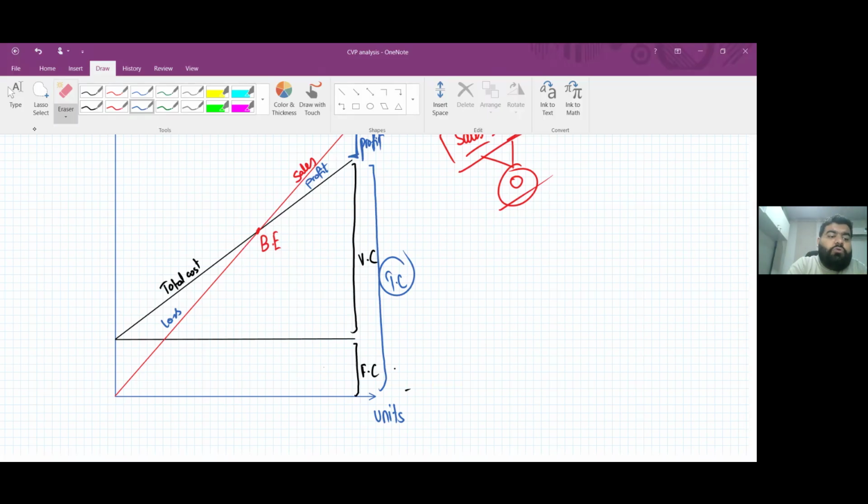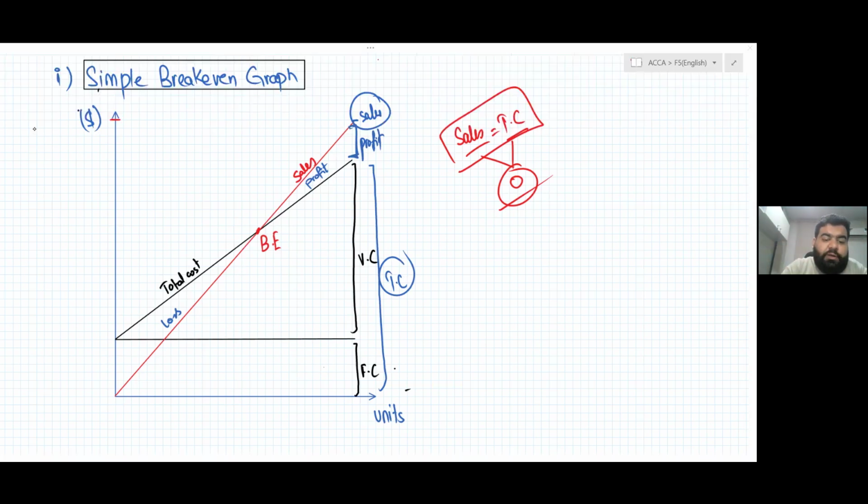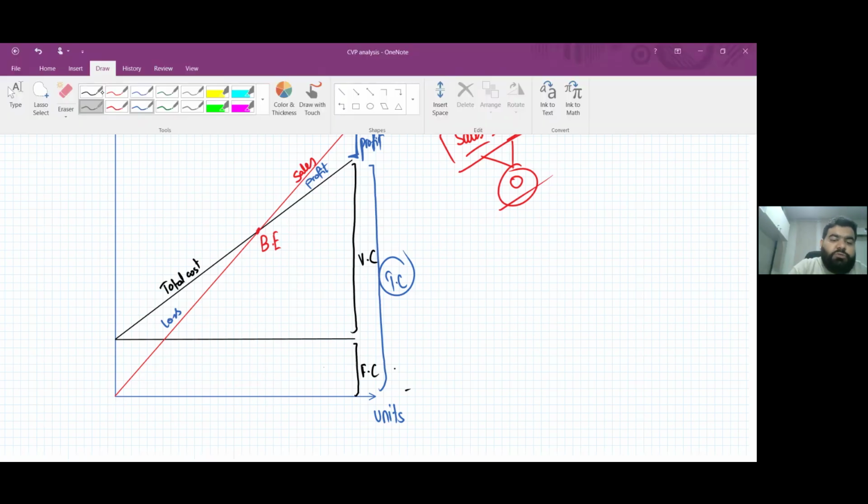Now, if you are viewing the x-axis according to this point, like you are viewing downwards, this point will be break even in units. The point downwards to the x axis will be the break even in units, and going across to the y axis it will be break even in revenue, because on the y axis we have used the dollar, and on the x axis we have used the units.